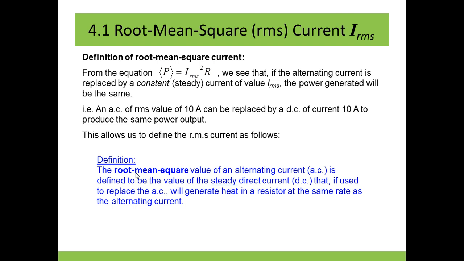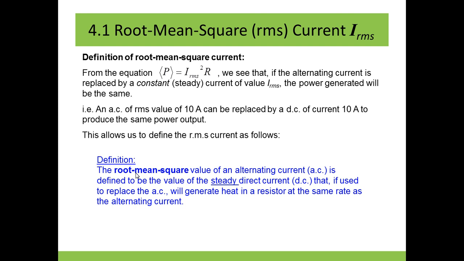This is a mouthful, so try to follow me. The root mean square value of an alternating current is defined to be the value of a steady DC that, if used to replace the AC, will generate heat in the resistor at the same rate as the AC. I say again.